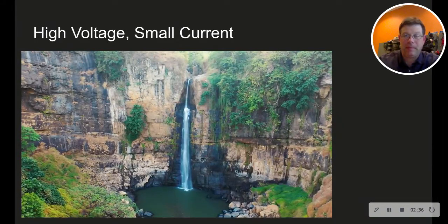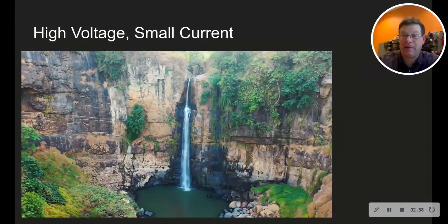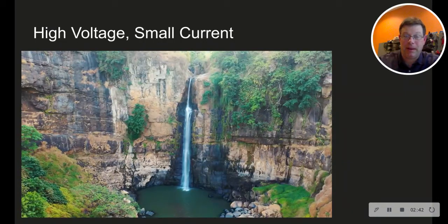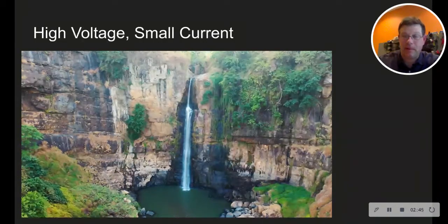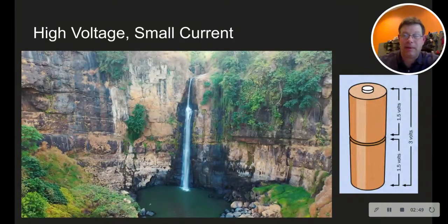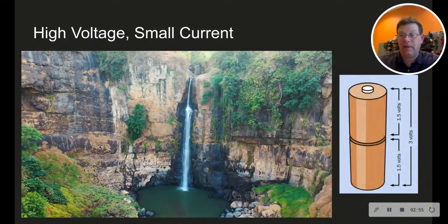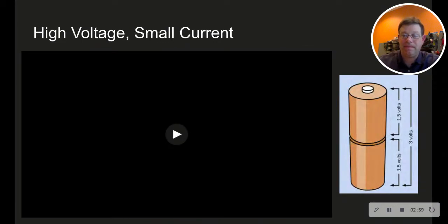And this would be represented by, for instance, stacking a bunch of batteries to get to a higher voltage, something you're familiar with from, say, taking apart a flashlight and seeing a whole bunch of batteries stacked up, or from what we did in the last laboratory, which was take a whole bunch of lemons and string them together using different nails. Remember, nail to penny, penny to nail, etc.